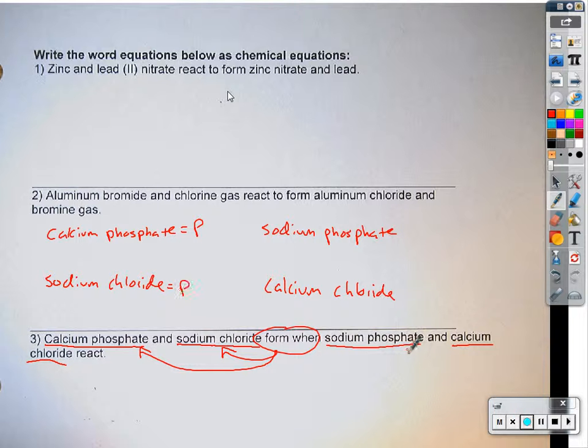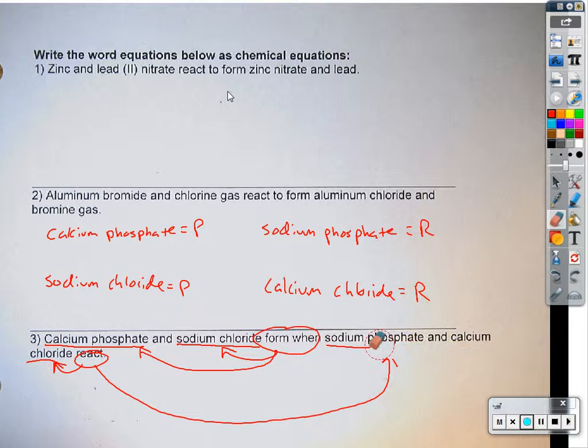When this and calcium chloride react, these are my reactants. This sentence has been written backwards. It's not hard to do. So again, don't just assume that just because you see it first, it's going to be your reactant. It doesn't always work that way.